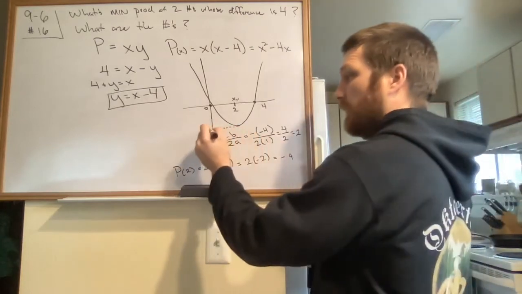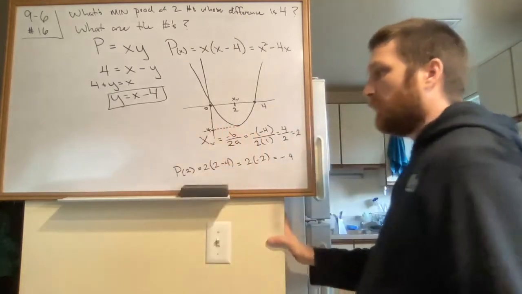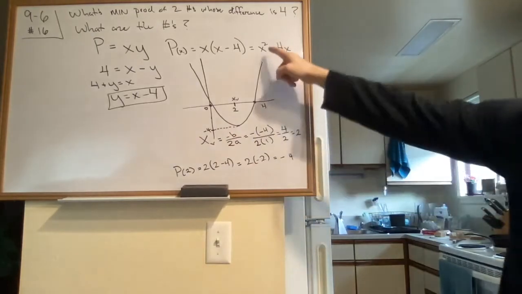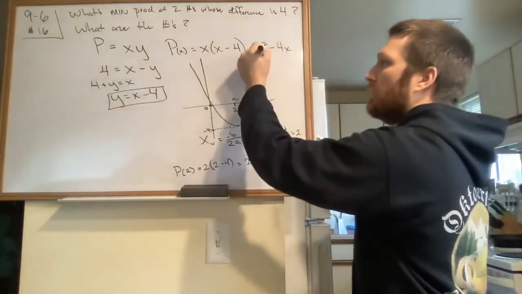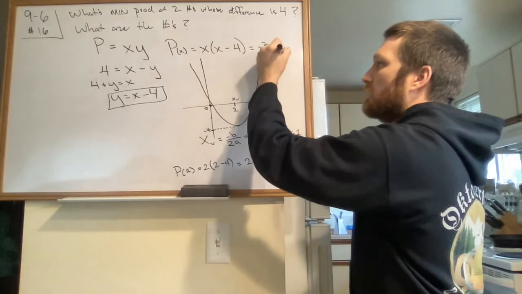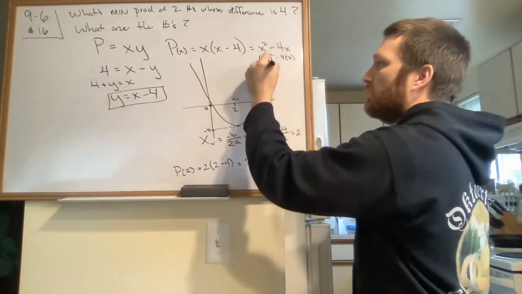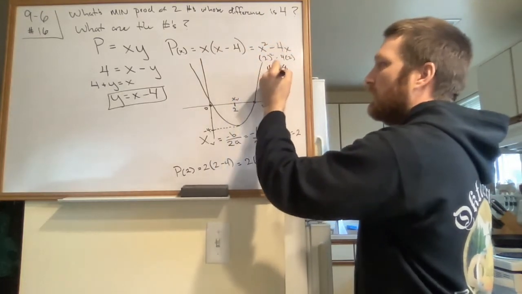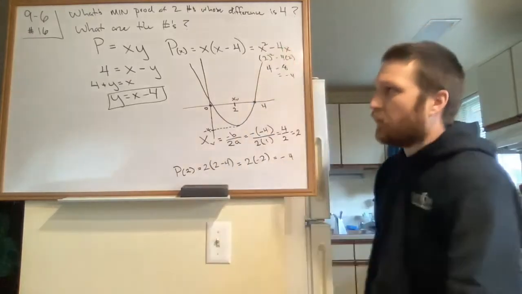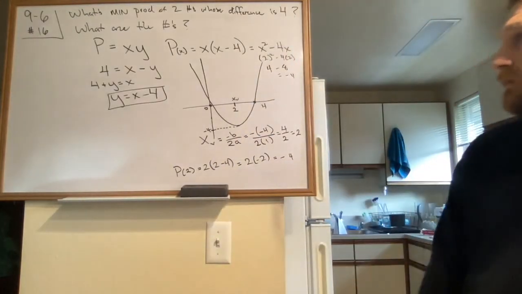My output should be minus 4. We could have figured that out by plugging it in here as well: 2 squared minus 4 times 2 would be 4 minus 8, which is minus 4. Either way you do it, you end up at the same place.